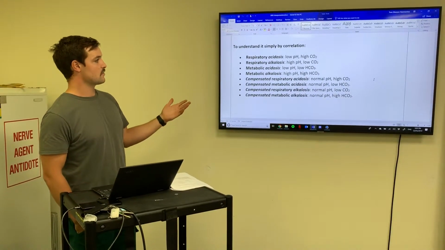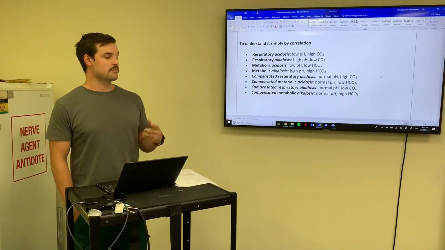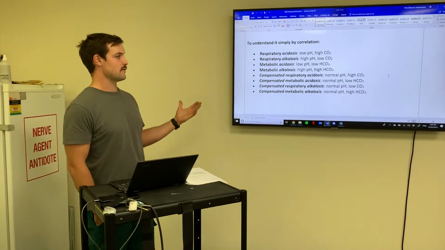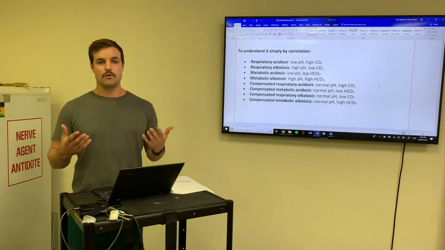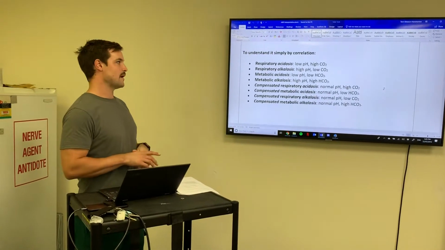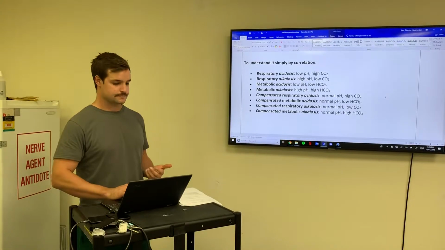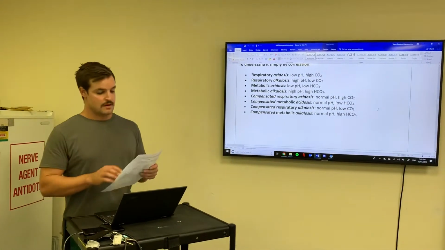Metabolic acidosis and alkalosis are the converse again, and there are compensatory mechanisms, such as respiratory acidosis with a compensatory metabolic alkalosis. Obviously you've got all the values there. So that's a quick man's guide to how to correlate the differences in terms of acidosis or alkalosis within the patient for arterial blood gas interpretation.